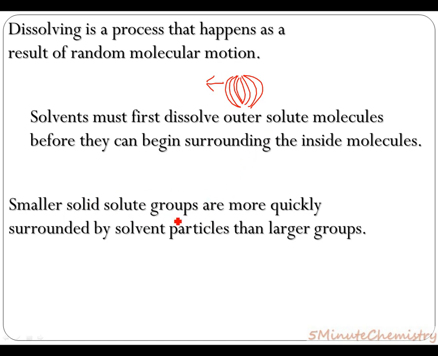So with this in mind, smaller groups or smaller chunks of solids are going to get surrounded and dissolved more quickly. Let's say this is an antacid tablet. If I have a tablet this size compared to a tablet that is half the size, that has been cut in two, we have the same amount that has to get dissolved.